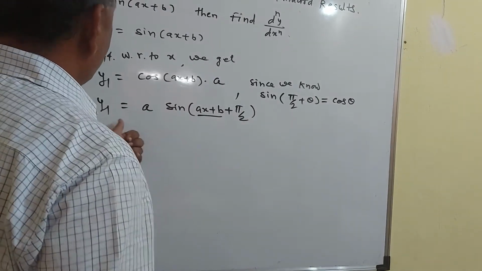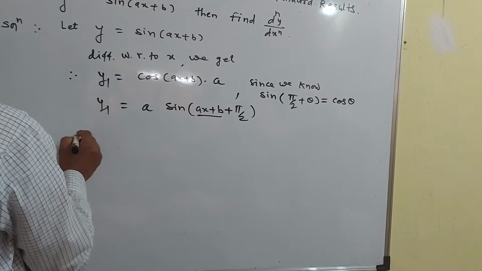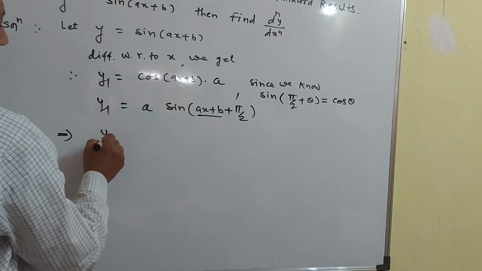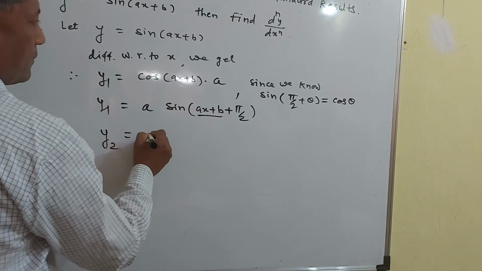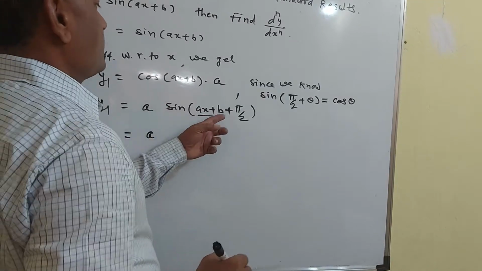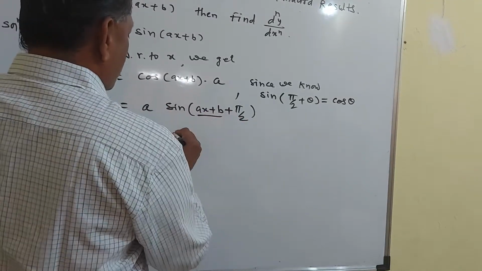Again you differentiate y1 with respect to x. Therefore, the derivative of y1 is y2. So this can be written as y2 is equal to a into the derivative of sine of (ax + b + pi by 2). The derivative of sine theta is cos theta.